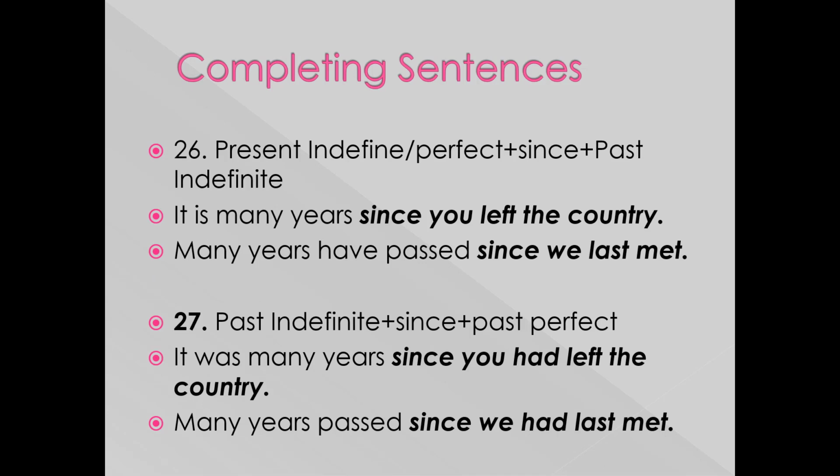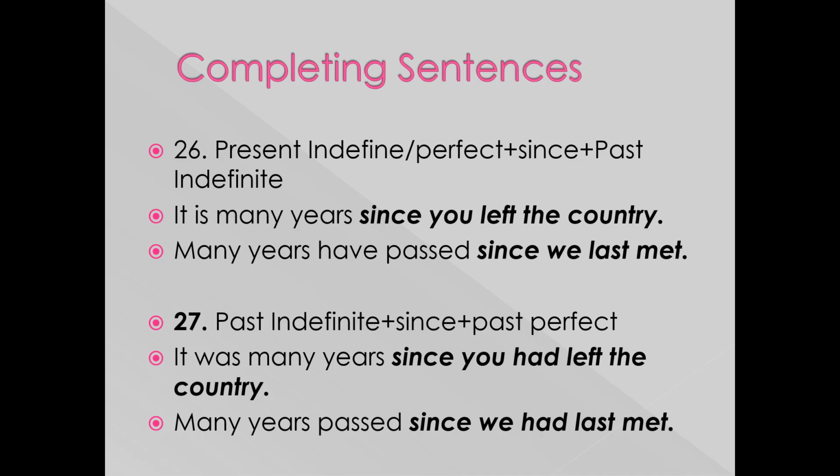In rule number 26, you can see that present indefinite tense or present perfect tense might be there in the beginning, and after that since in the middle as a conjunction, and after since you have to use past indefinite tense. So if you get present indefinite or present perfect tense before since, then you have to use past indefinite tense after since.